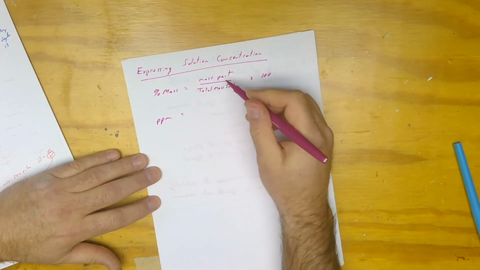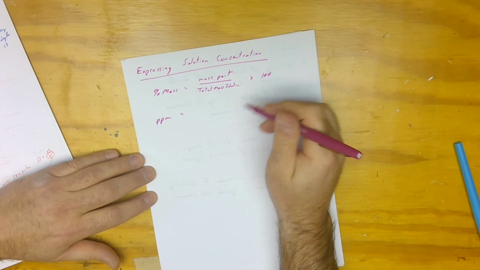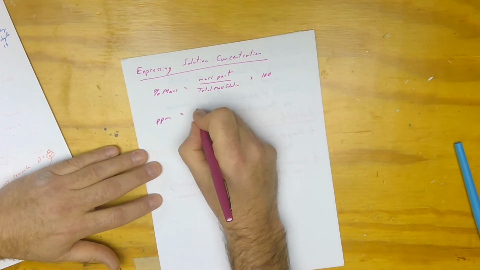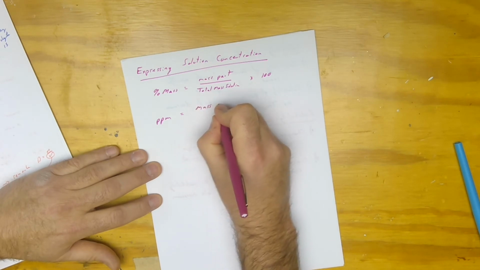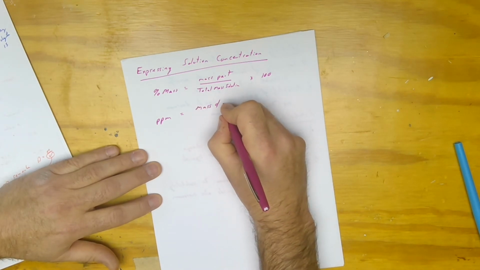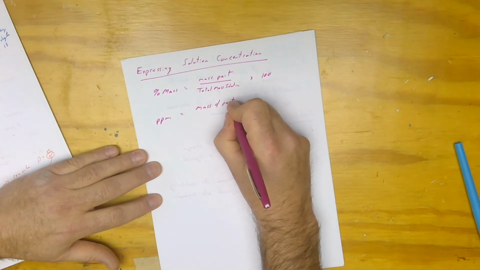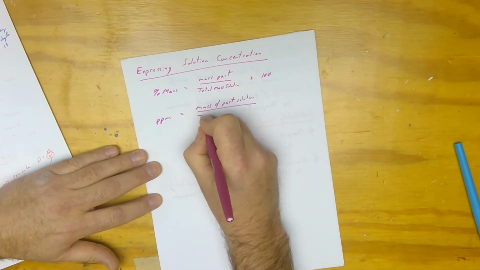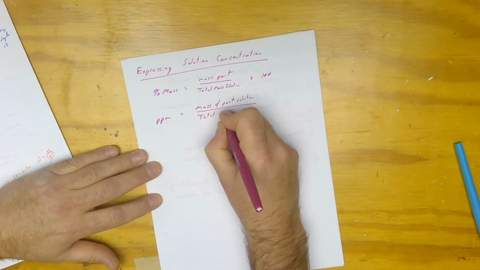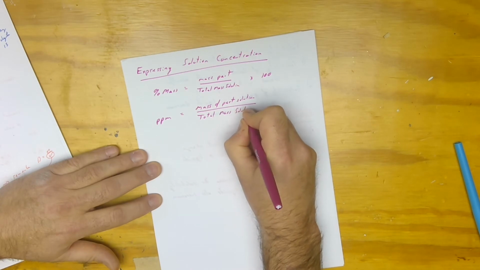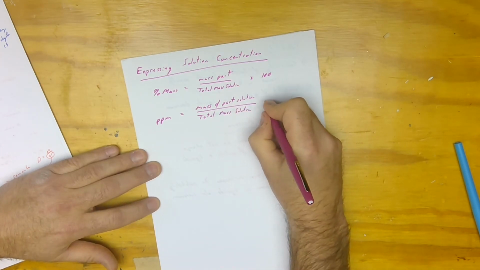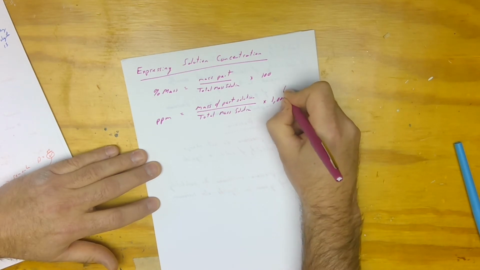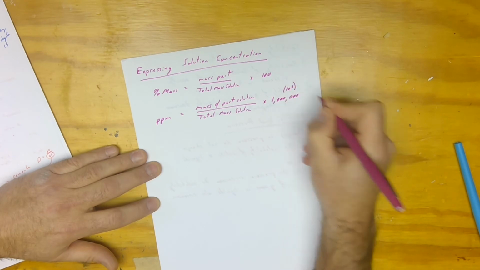This is really the same thing as percent mass, except we're talking about dilute solutions. So this is the mass of the part of the solution over the total mass of the solution, except this is times 1,000,000, which is 10 to the 6th.